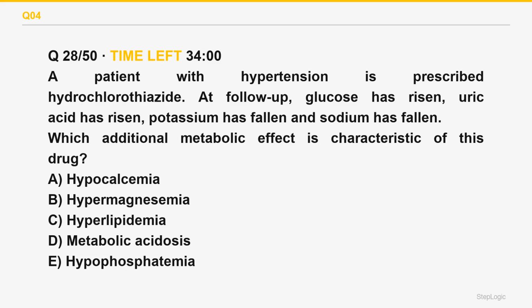A patient with hypertension is prescribed hydrochlorothiazide. At follow-up, glucose has risen, uric acid has risen, potassium has fallen, and sodium has fallen. Read the command: which additional effect is characteristic? Thiazides have a recognizable metabolic fingerprint, and one element of it is missing from the stem.